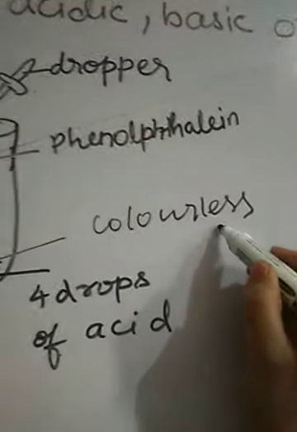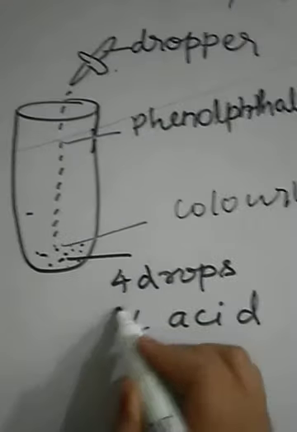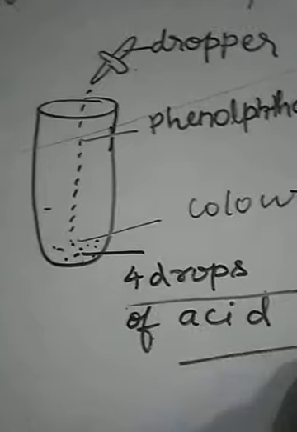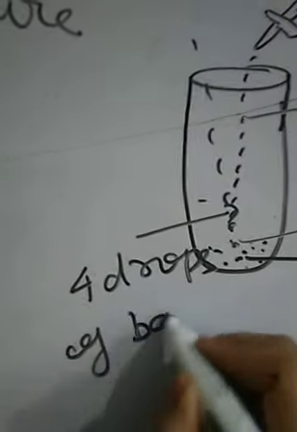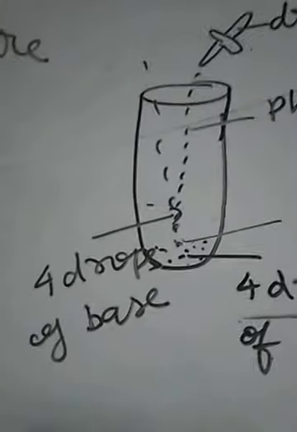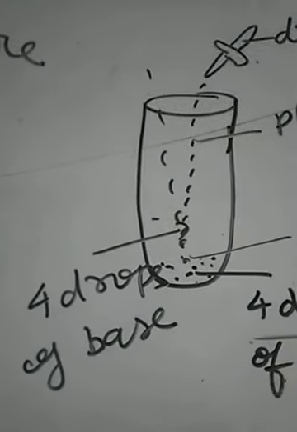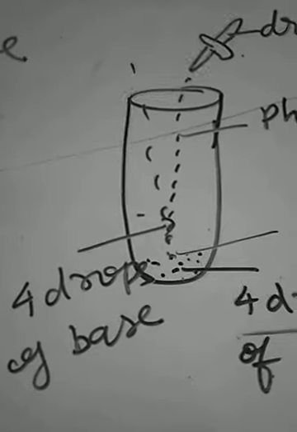The solution becomes colorless. Okay, children, now add an equal amount of base, means 4 drops of base in it, any base, sodium hydroxide or any, with the help of a dropper.